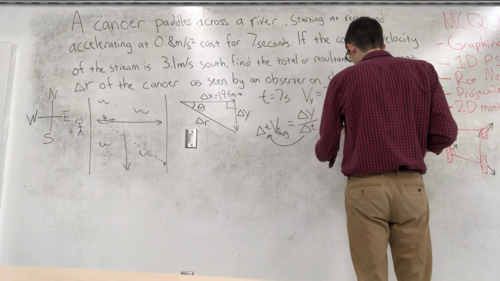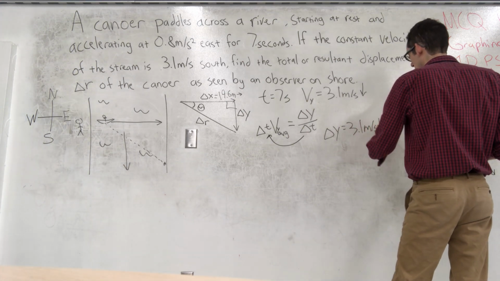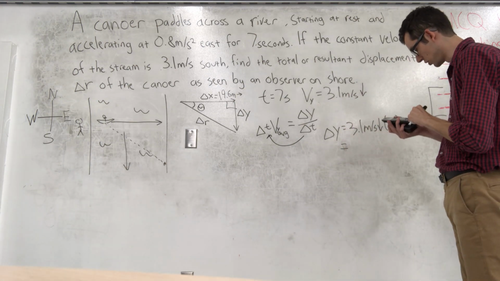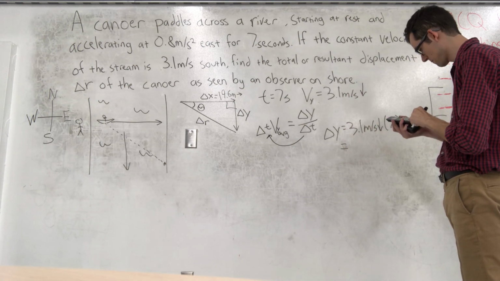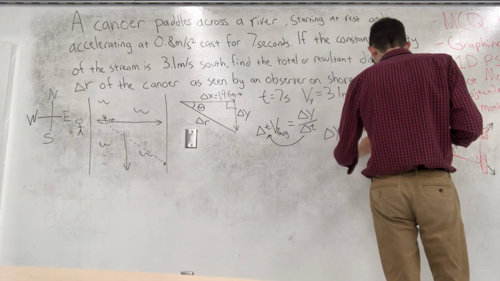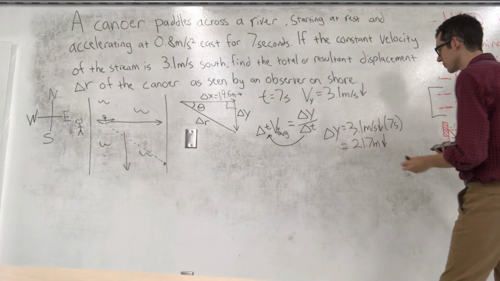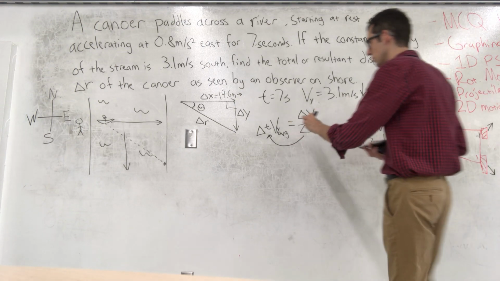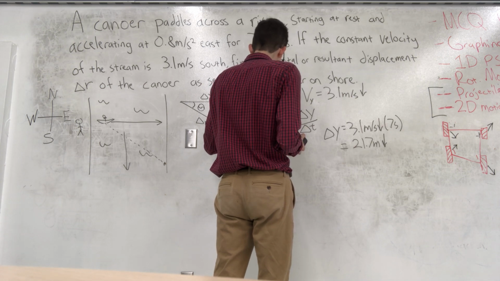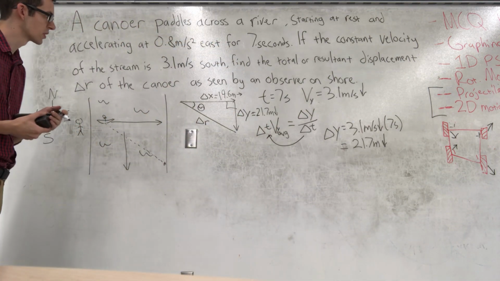Let's go ahead and do the math there. 3.1 meters per second downwards times 7 seconds gives us a delta y equal to 21.7 meters. This displacement delta y is downwards on our diagram, or to the south. So now we have delta y in addition to delta x. Delta y equals 21.7 meters downwards. All right, great.